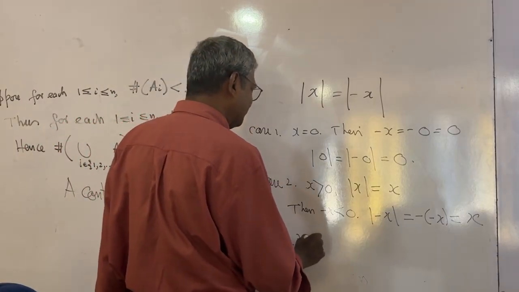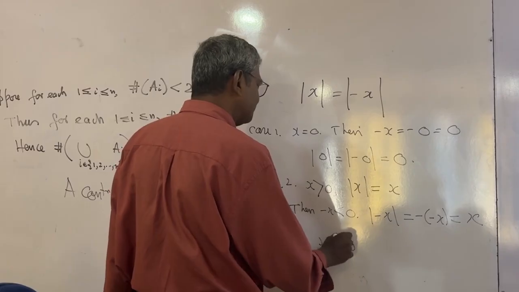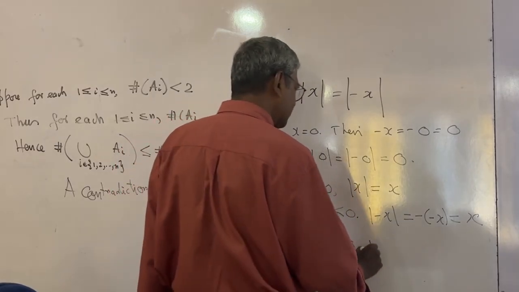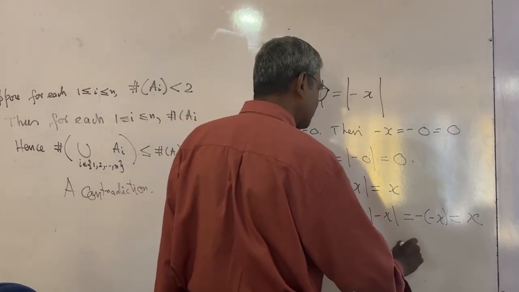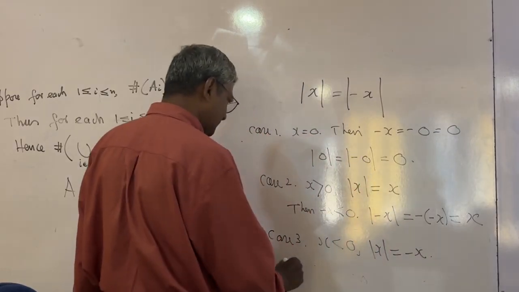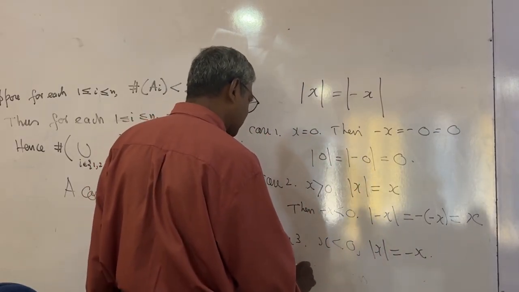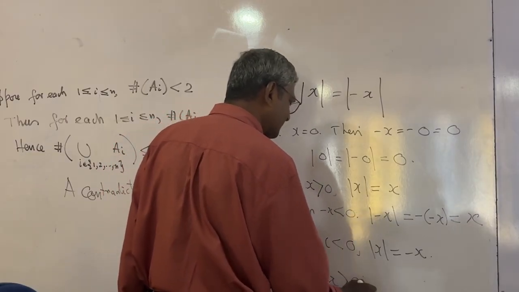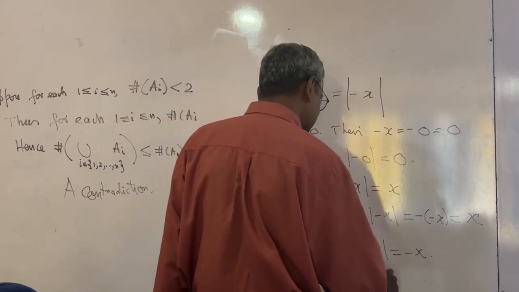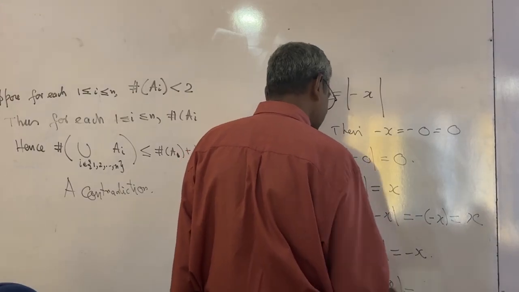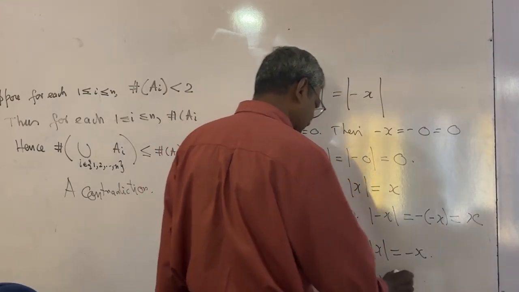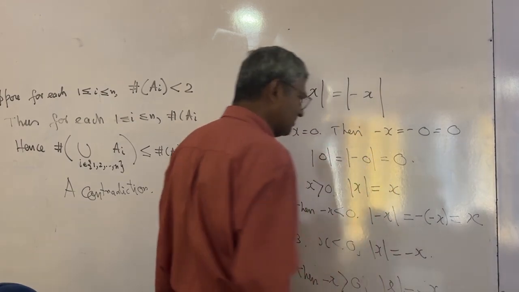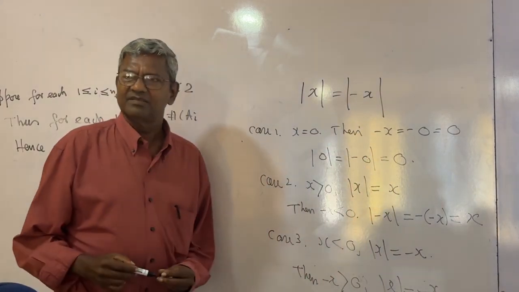Then case 3: if x is less than 0, then the absolute value of x is negative x for sure. Then if x is less than 0, negative x is greater than 0, therefore the absolute value of negative x is negative x. So that completes the proof.